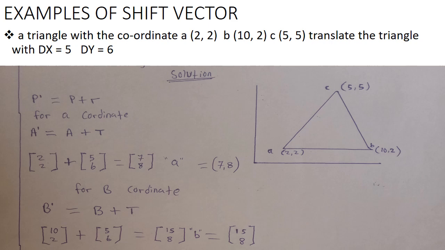Translate the triangle with x = 5 and y = 6. So this is the solution. As we said earlier, our formula is known as P' = P + T. So we are going to transform it to the next level.